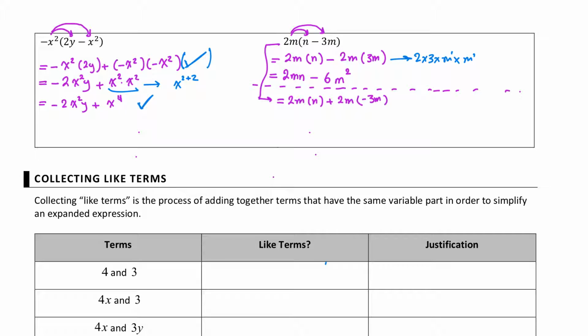So then in this step, I get 2mn, and then here I have a positive times a negative, making this whole term a negative. And 2 times 3 gives me 6, and m times m gives me m squared. So I should get the same answer solving it using both methods.